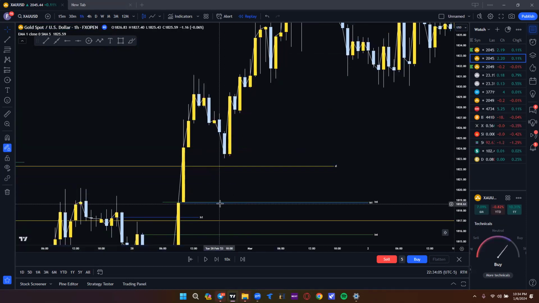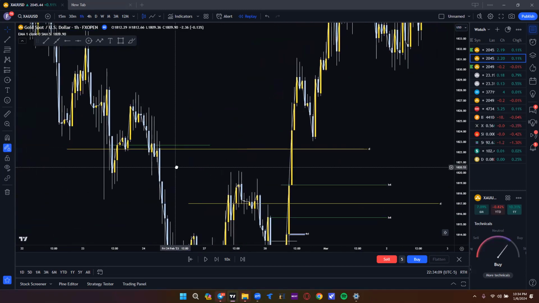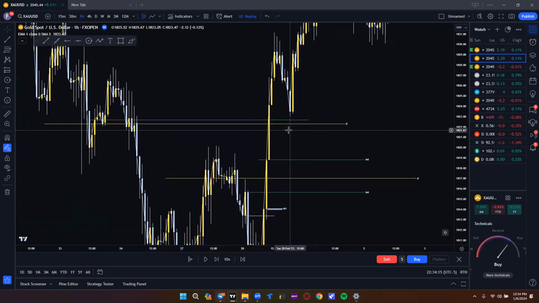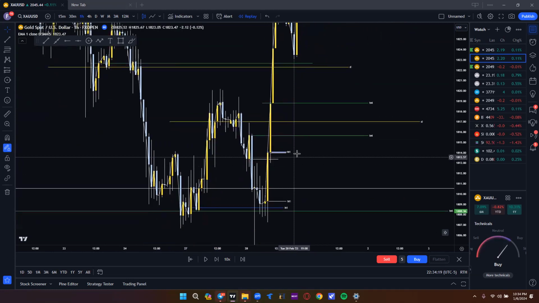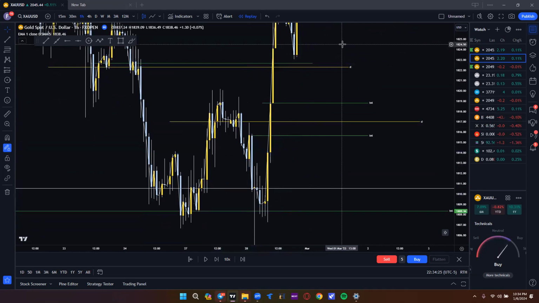I just want to get rid of all this noise. I'll leave the H4 level there. Maybe it didn't react, but leave it there because that gives us an indication that we're bullish. And just get rid of these guys. All right.